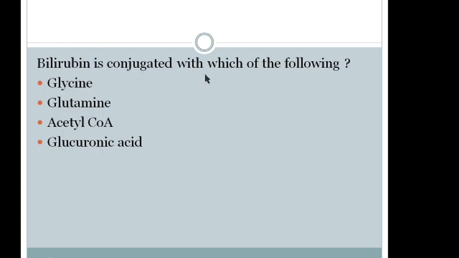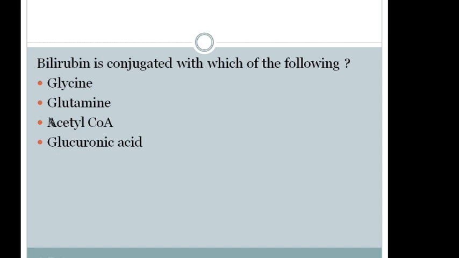Bilirubin is conjugated with which of the following, and where? Who is going to answer? Rakesh, why are you not answering a single question? Glucuronic acid. Okay. Where? Liver. Pallavi Mishra is saying liver.